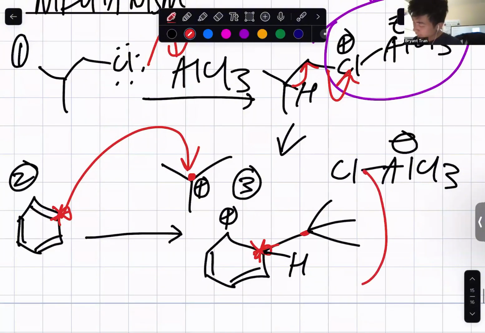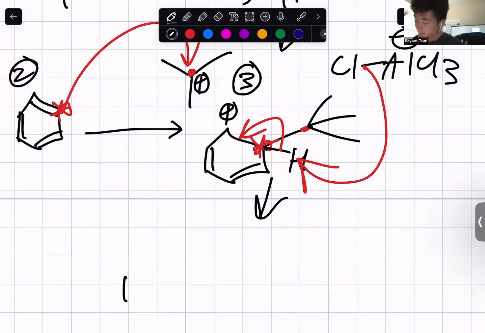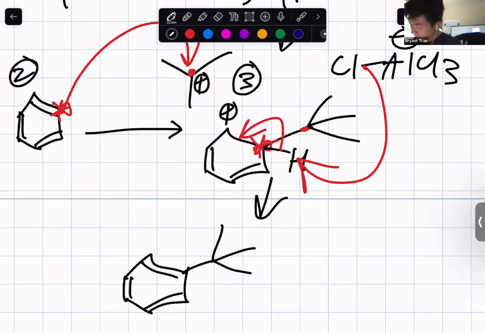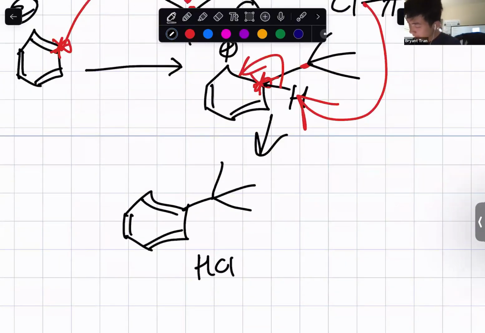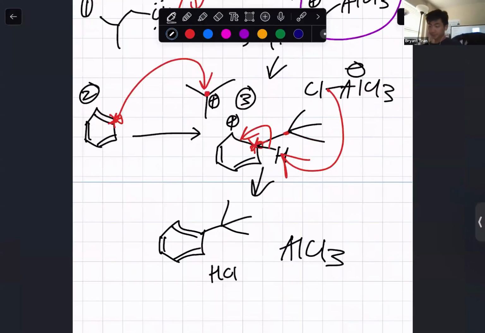Chlorine, grab that proton, make a double bond right there. Elimination reaction, E1 type, to restore aromaticity. Byproducts would be hydrochloric acid, HCl, and we reform our metal acid catalyst, AlCl3, like that.